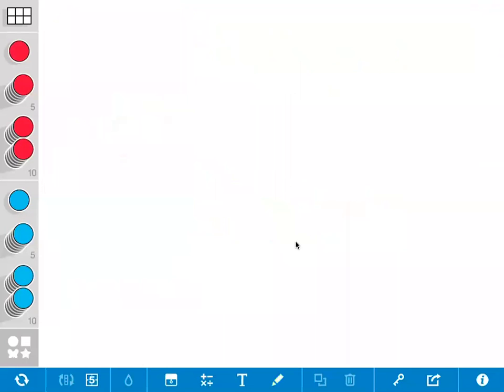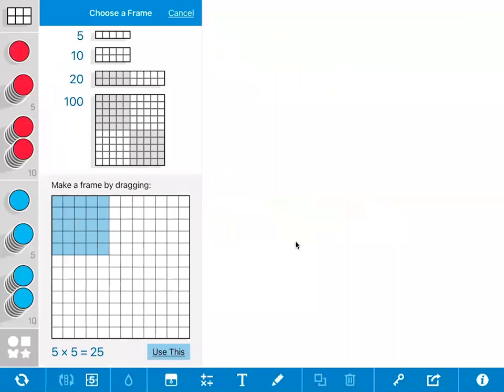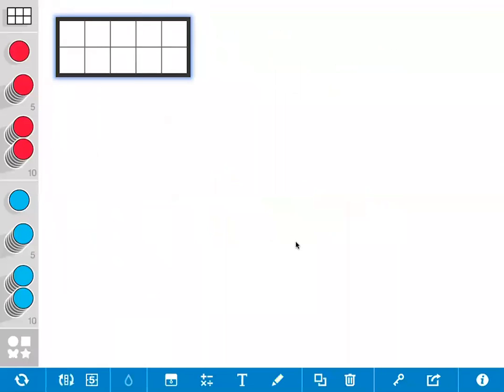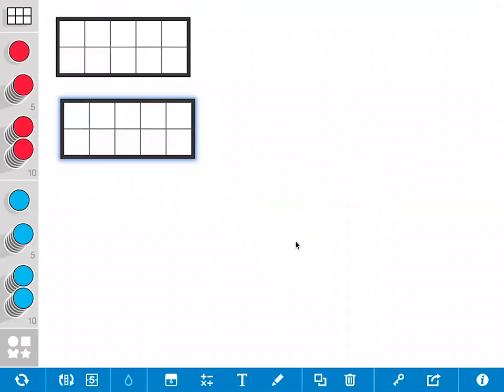and let's pick 10 again and do one more. So we just make sure that we know how to do the teen numbers using the 10 frames.